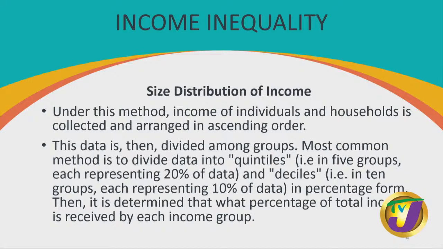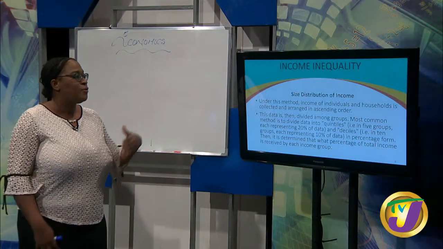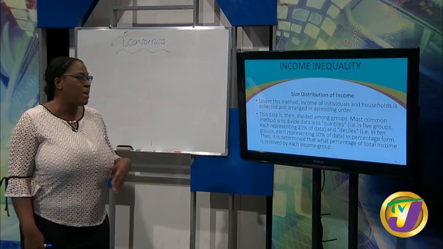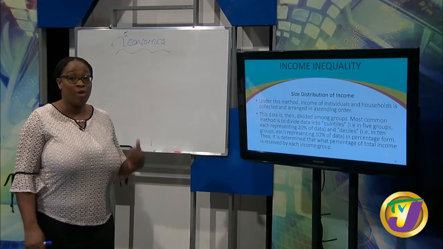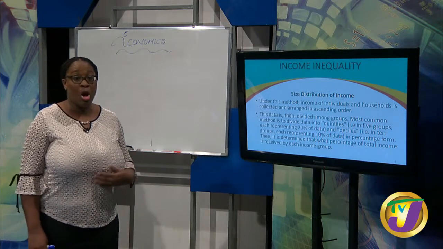Then it is determined what percentage of the total income is received by that particular income group. Sometimes in multiple choice, they will ask you questions for you to be able to tell the distinction between size distribution and functional distribution of income.